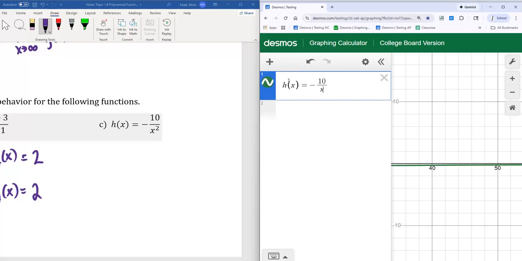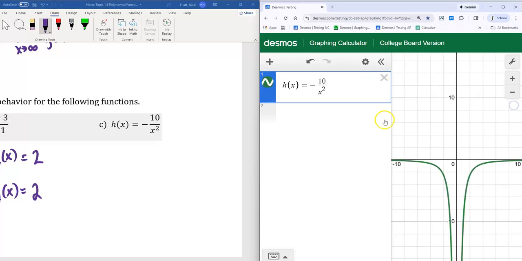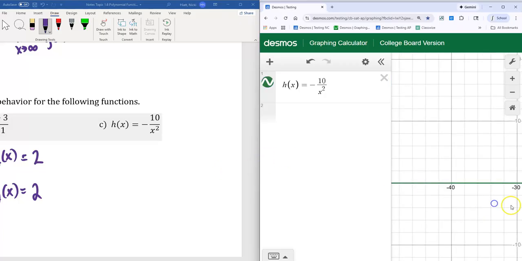negative 10 over x squared, then I get this weird stuff happening in the middle, but I don't care about the middle, right? I could use some limit notation for that, but we're not there yet. We're not going to talk about that. We're talking about the ends of the graph, like what happens as I go closer and closer to negative infinity.